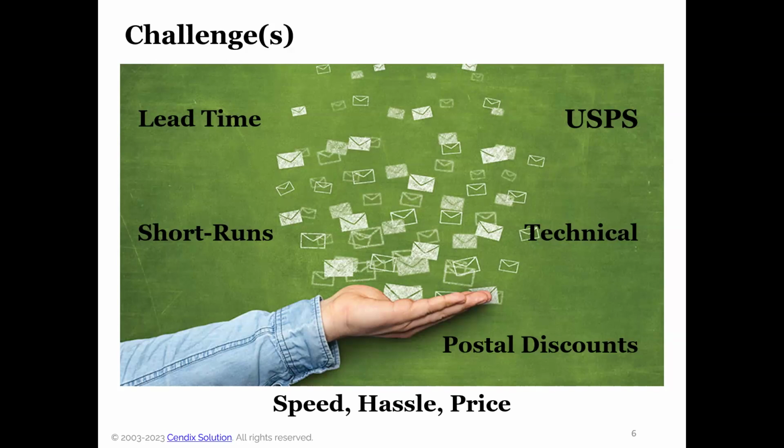In addition, there's this idea of short runs. A lot of small to medium business, especially, are doing mail campaigns that might only be a couple hundred pieces or 500 pieces or 1,000 pieces. And that size job is just not enough to interest most commercial printers. They're looking for longer runs.